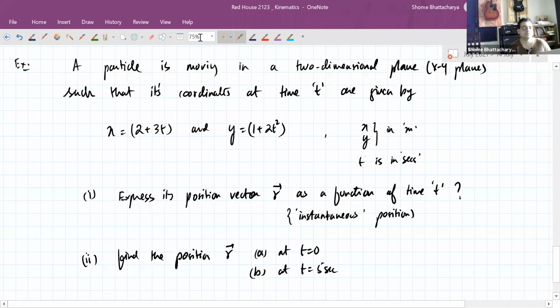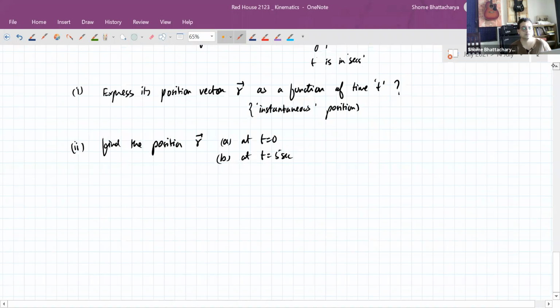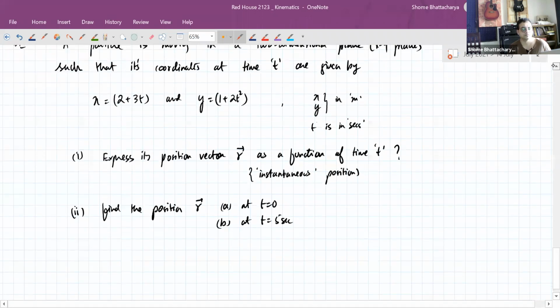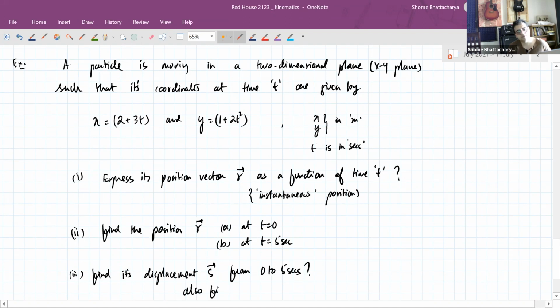And then we'll go on to find the displacement between 0 and 5 seconds. And we'll also find the magnitude of the displacement.